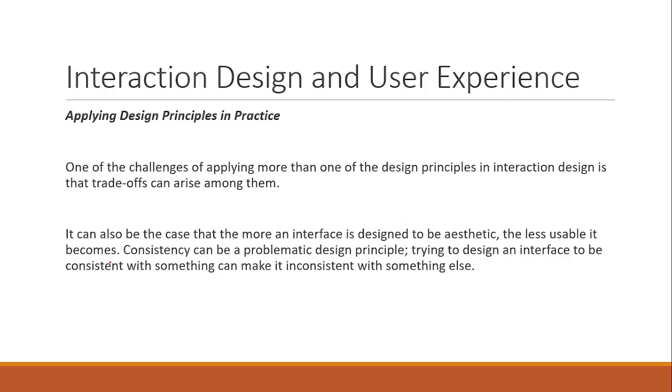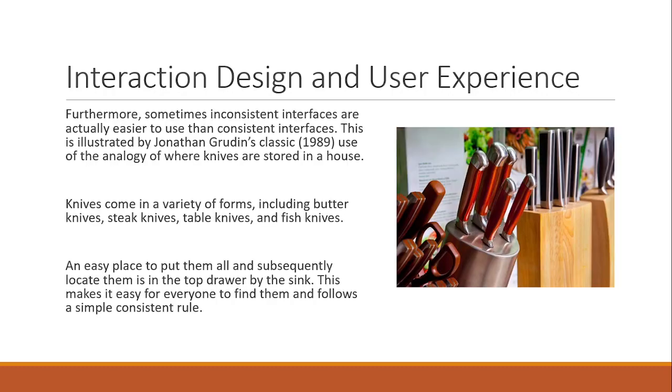Consistency can be a problematic design principle, trying to design an interface to be consistent with something that can make it inconsistent with something else. So furthermore, sometimes inconsistent interfaces are actually easier to use than consistent interfaces.